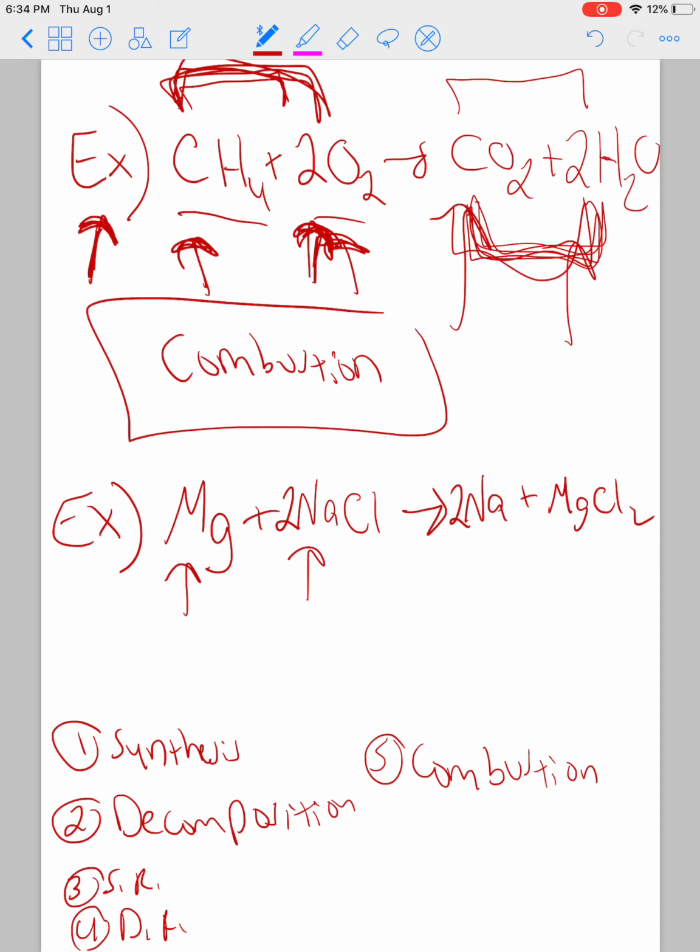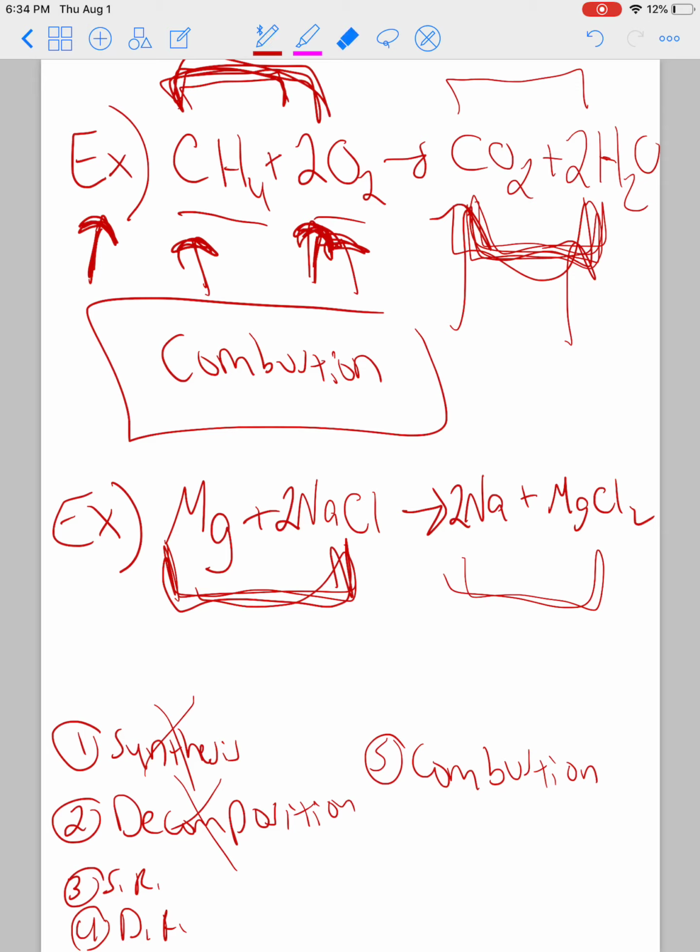And it's supposed to form one new compound, not 2, so that's out. Decomposition is when one compound reacts to something like heat or light and breaks down into its separate elements. So here, I don't have one compound. I have a single element with a compound. And it's not breaking down into its separate parts. Okay, so it's not decomposition.